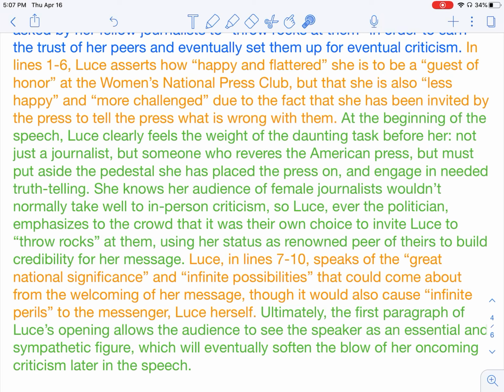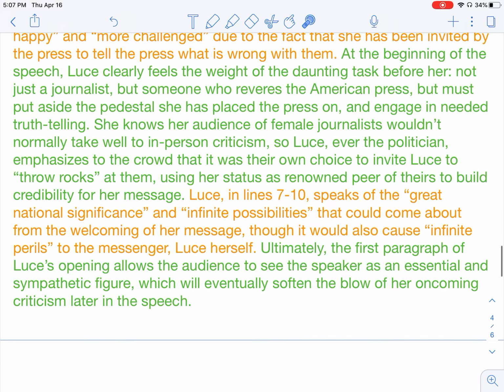Luce, in lines 7 through 10, speaks of the great national significance and infinite possibilities that could come about from the welcoming of her message, though it could also cause infinite perils to the messenger, Luce herself. Ultimately, the first paragraph of Luce's opening allows the audience to see the speaker as an essential and sympathetic figure, which will eventually soften the blow of her oncoming criticism later in the speech.